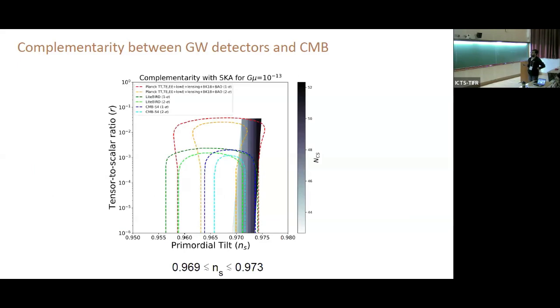In doing so, we see this shaded region, which tells us all those n_s, r values associated with NCS that can produce potentially detectable gravitational wave signals at the SKA observatory for strings of string tension 10 to the minus 13. Any values outside this shaded region are unable to produce detectable gravitational wave signals from cosmic strings of string tension 10 to the minus 13.